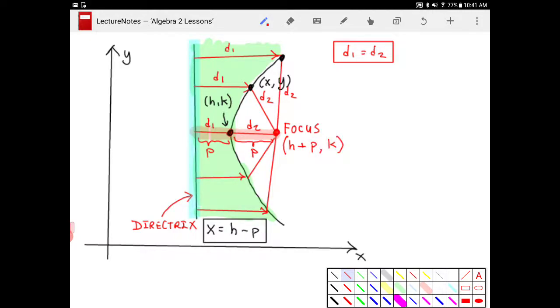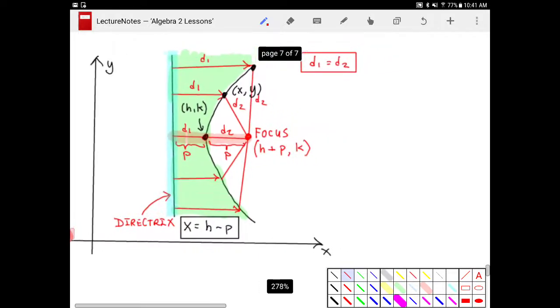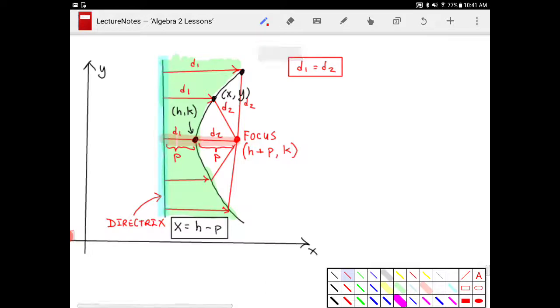That's the coordinate for the focus. So I have a lot of things going for me right now, but most important of all is the law governing what's happening with the light. We're going to capitalize on that: d1 equal to d2.